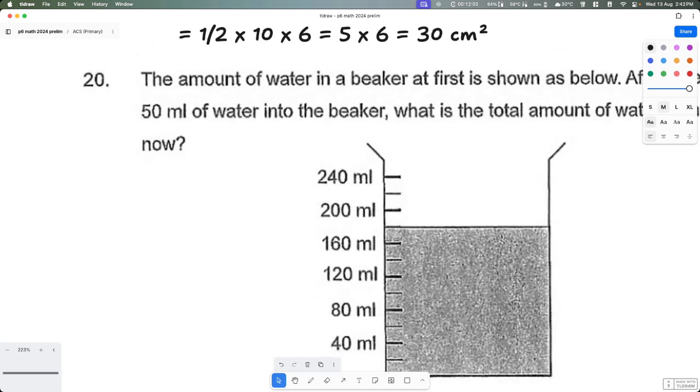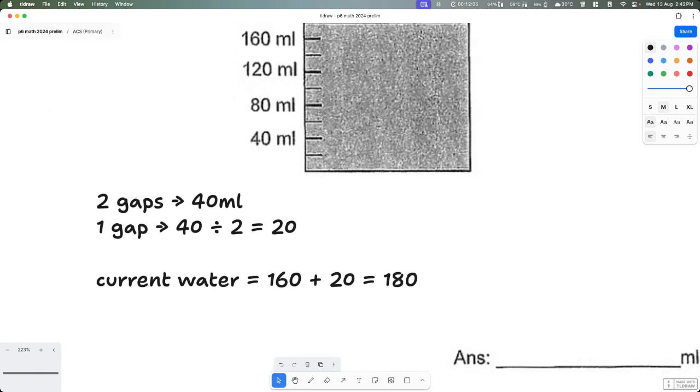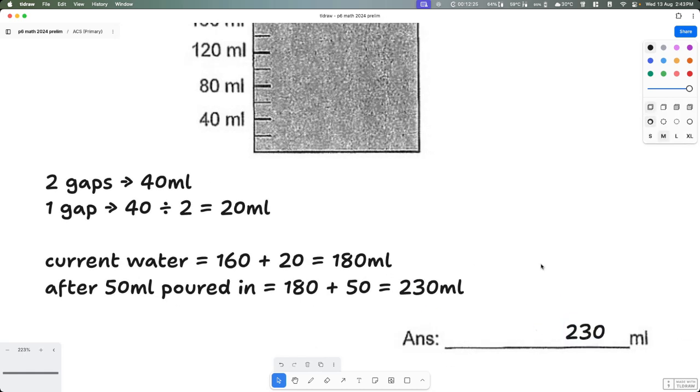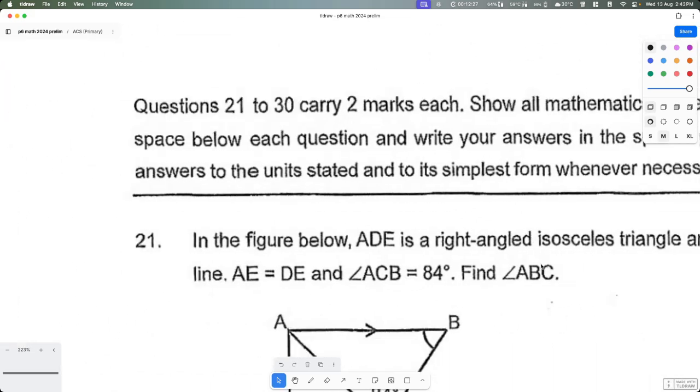So after 50 ml poured in, it is equal to 180 plus 50. And this will give us 230 ml. There we go. So I'm going to put ml, milliliters. So the answer is 230 in this case. All right, let's move on to the next question.